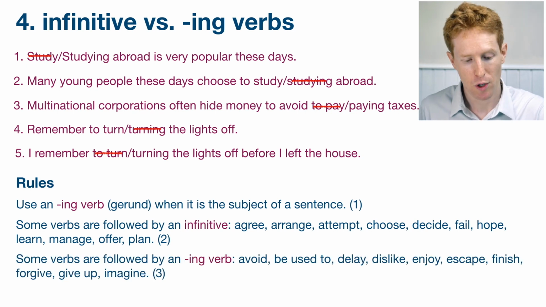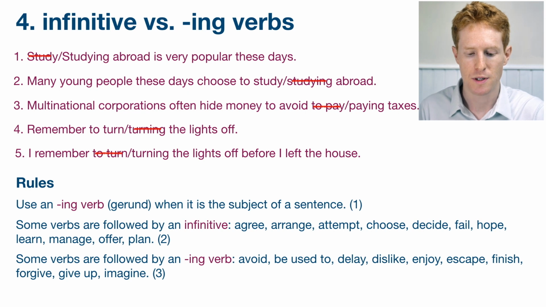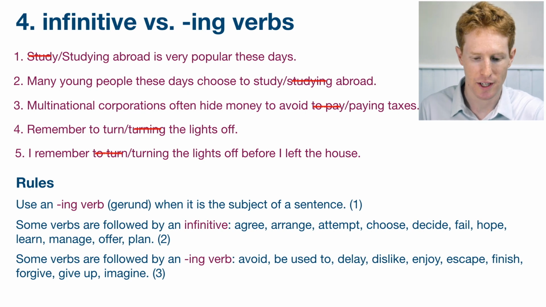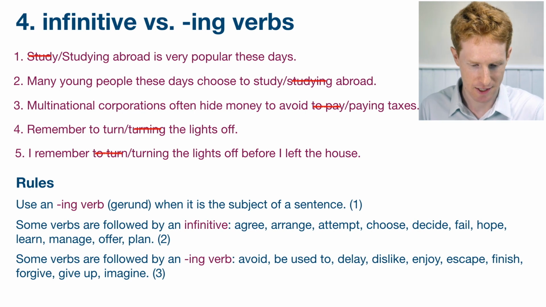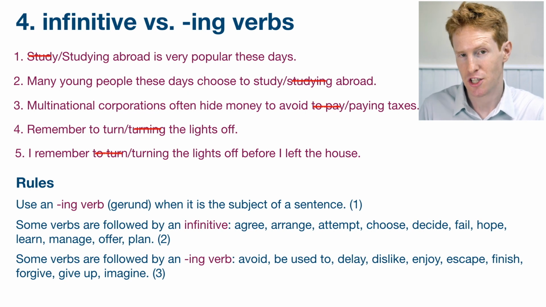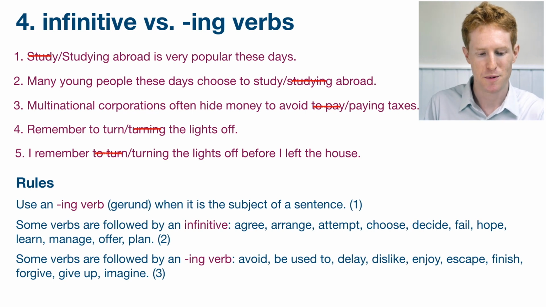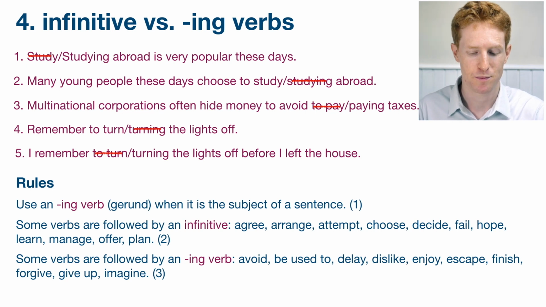And some verbs are followed by an -ing verb. So avoid, be used to, delay, dislike, enjoy, escape, finish, forgive, give up, imagine. So we can say things like avoid paying taxes, be used to living abroad, enjoy playing chess. So certain verbs are followed by -ing forms of the verb.